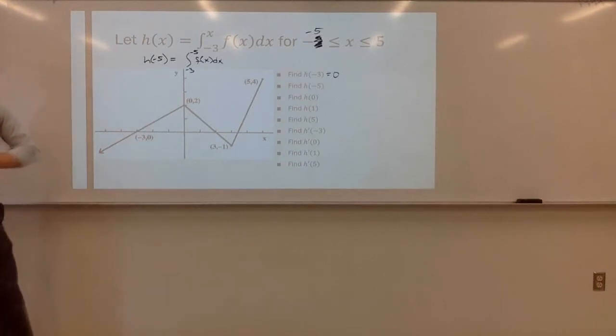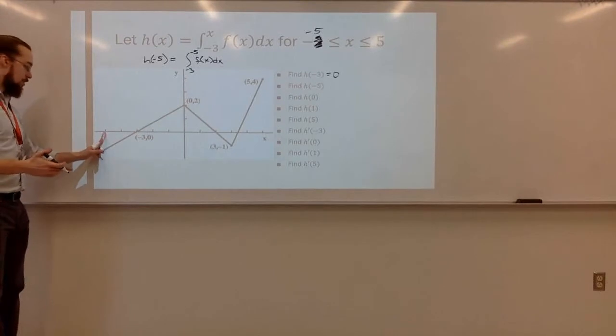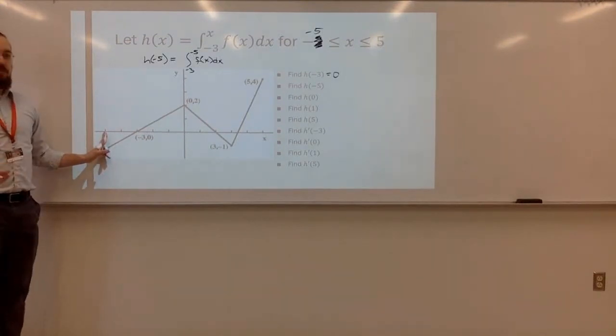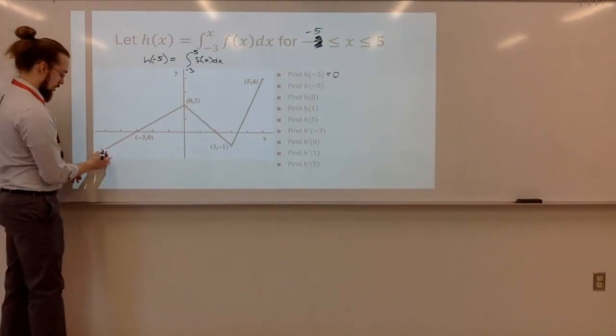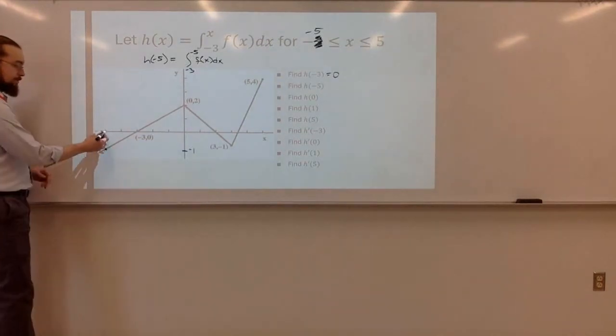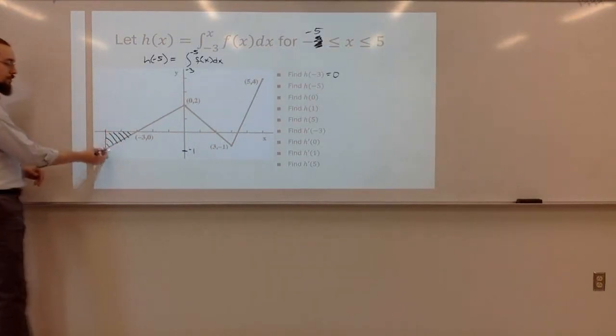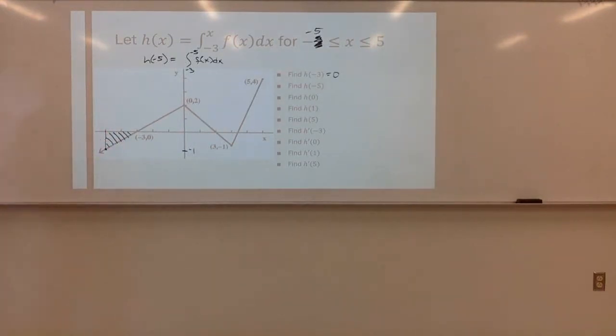That means find the area from -3 to -5. We'll say that is at -1 there. First of all, is this area going to be positive or negative?